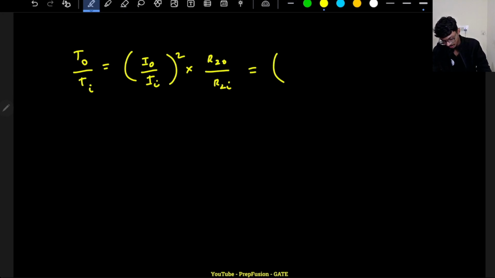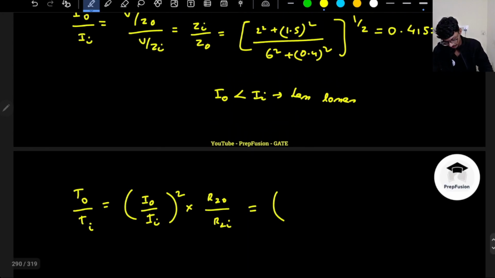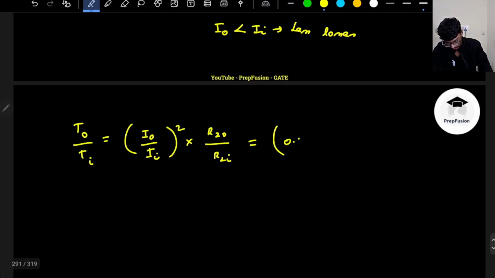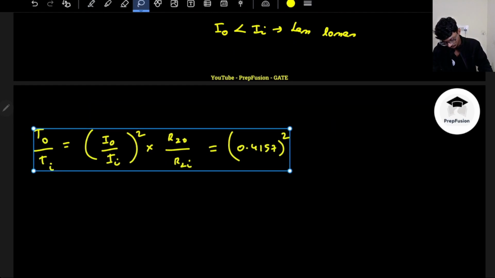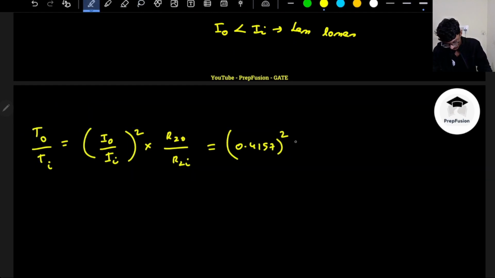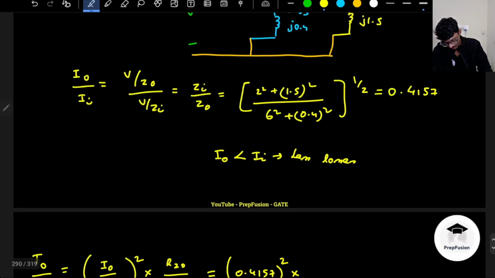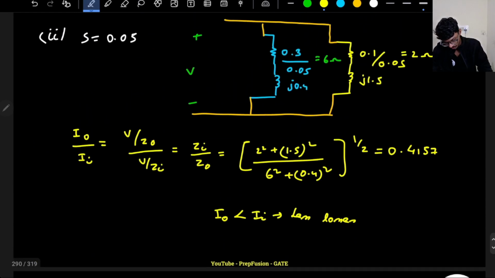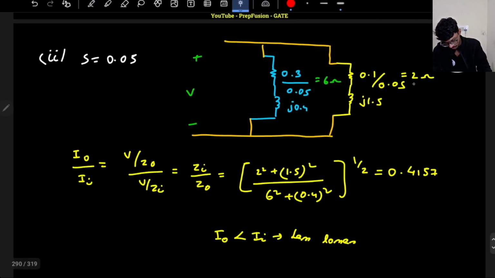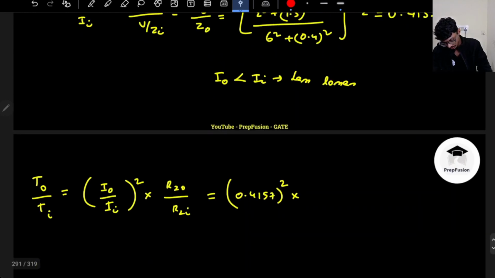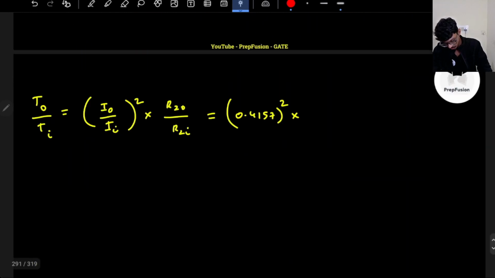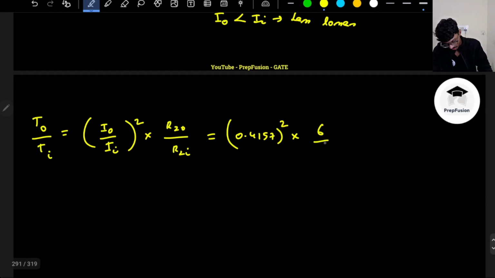The outer current divided by inner current is 0.4157 whole square into R2O divided by R2I. So R2O divided by R2I, sorry, R2O is 6, R2I is 2, so it will be 6 upon 2.